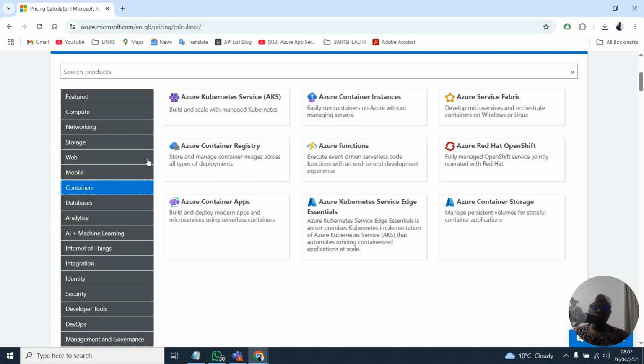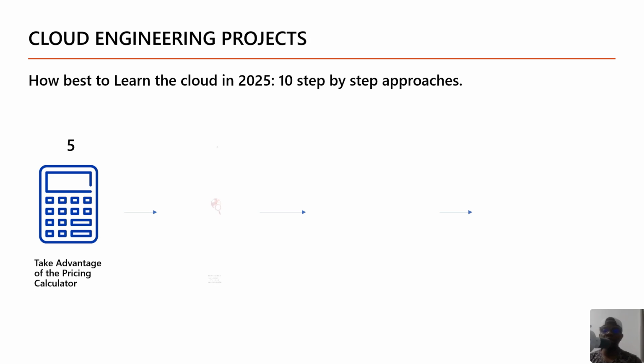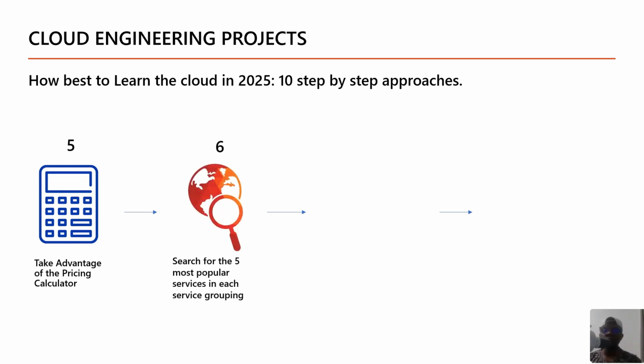So the next step, after knowing how services are grouped and having a fair understanding of the different services available for you in the cloud, is to check the internet or use ChatGPT to know the 5 most popular services in each group of services, right? So when you know these 5, then you are closer to becoming a master of the cloud.